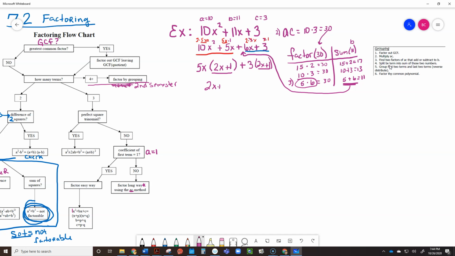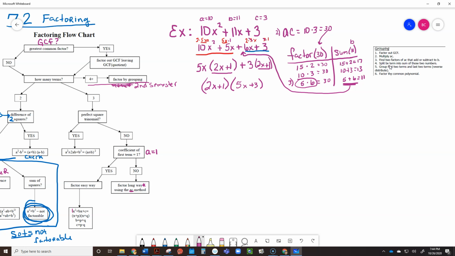So 2x plus 1 gets to be the GCF that gets factored out. If I undistribute this 2x plus 1, I have 5x plus 3 that's left. So I have completely factored this problem by following this process.